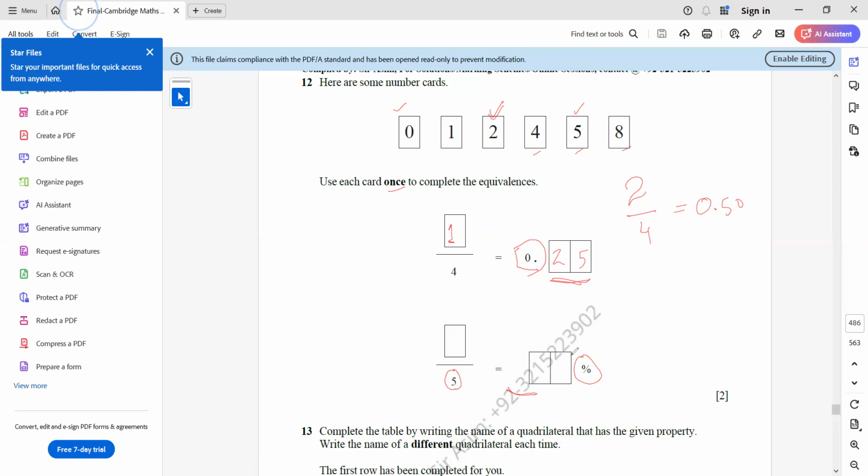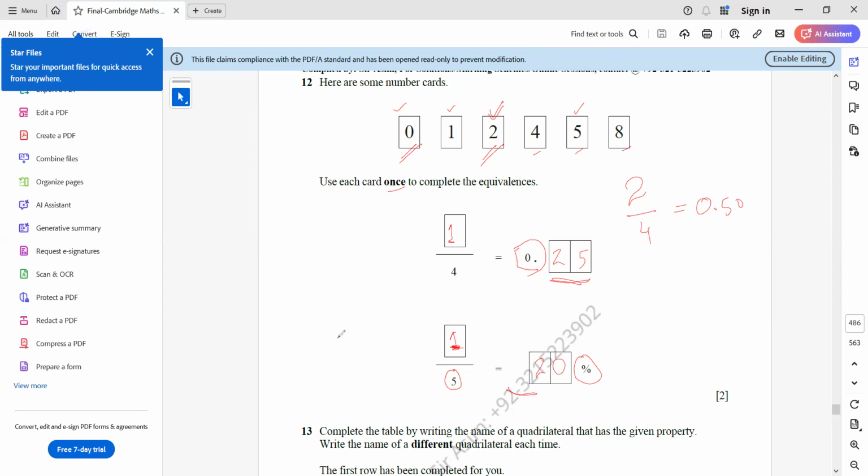In the same way, if you divide 4 by 5, that is equal to 80. If you divide 1 by 5, you get 20%. So we can use this one and this one. That could be one of the cases.